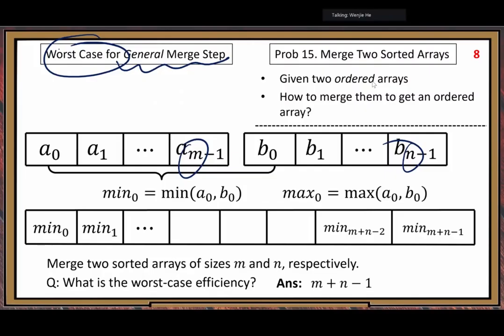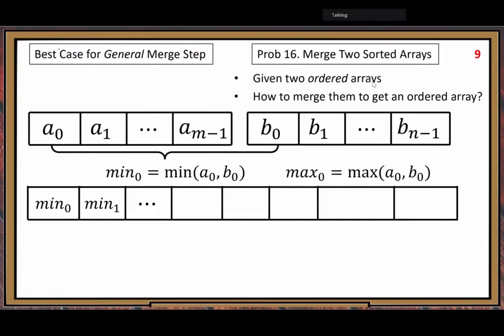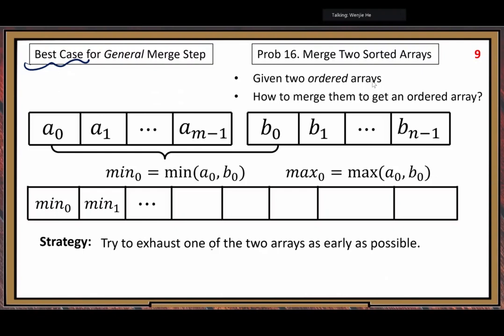Next, let's look at the best case formula. Now we have a better understanding, so we know how to get the minimum number of comparisons. We want to find a special input such that we only need to do the minimum number of comparisons. Our strategy is to exhaust one of the two subarrays as early as possible.